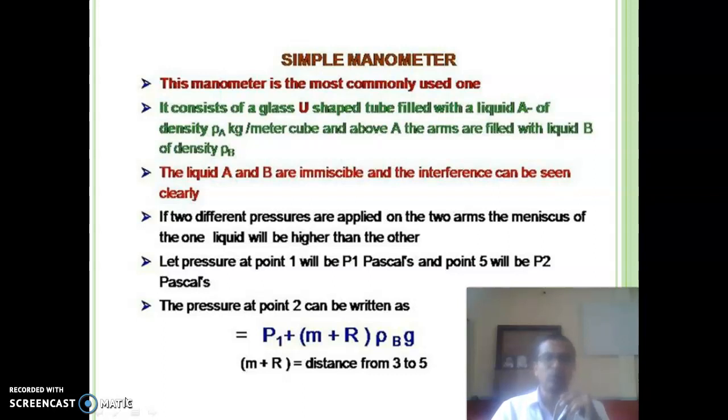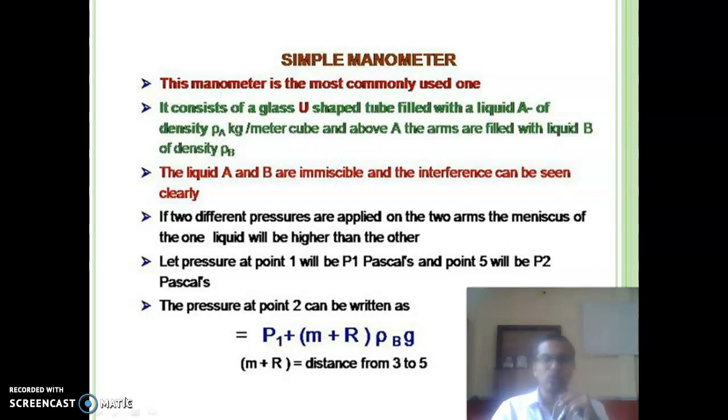Let the pressure at point 1 be P1 pascals and at point 5 be P2 pascals. So consider a tank in which we are considering various points, and suppose at point 1 there is P1 pascal pressure and at point 5 there is P2 pascals pressure.